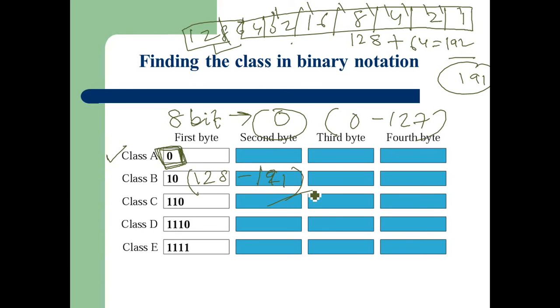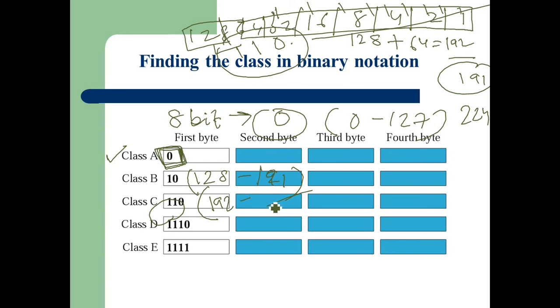Okay, now similarly, in case of class C, the value will start from 192. If it is 110, meaning I fix it to 110 and remaining all bits are 1, then it has to be 224.